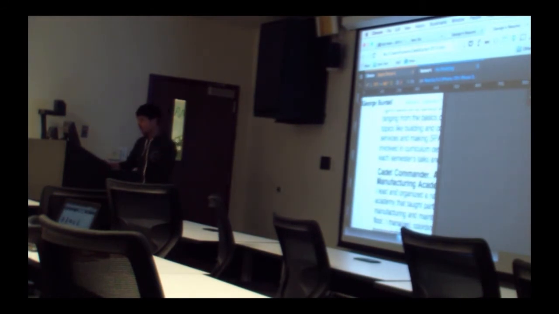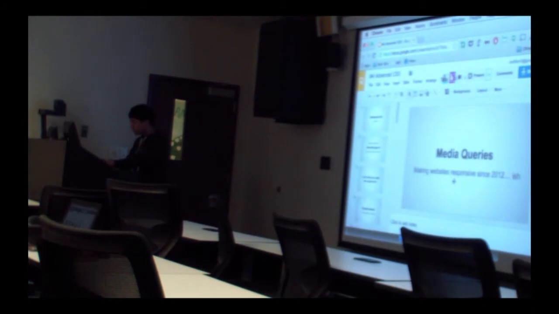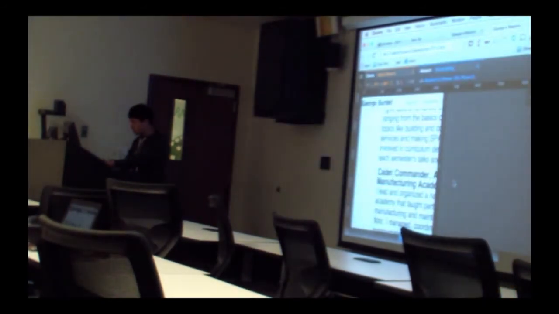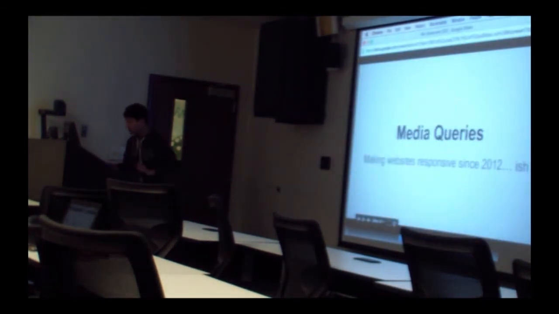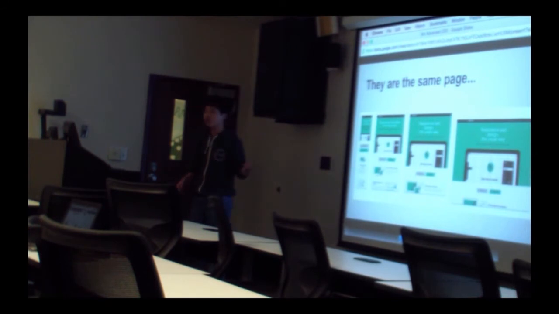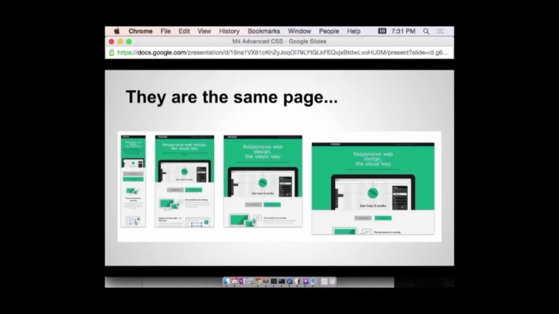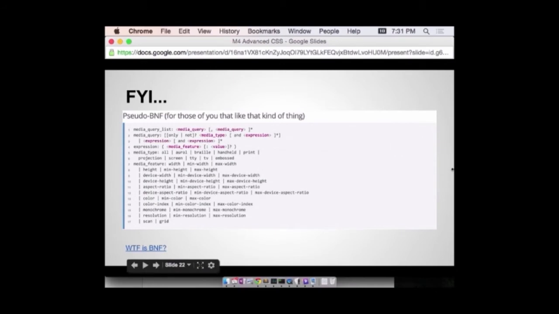You want to make your website responsive to all of those, so it will automatically adapt to different devices. Those are the same website, but they appear differently on different devices. Media queries are the way we're going to do this.